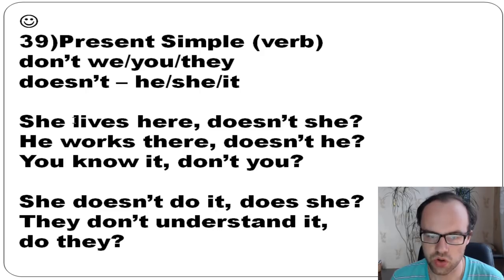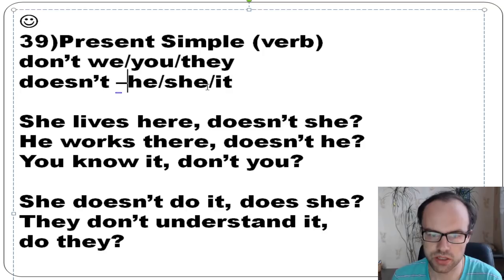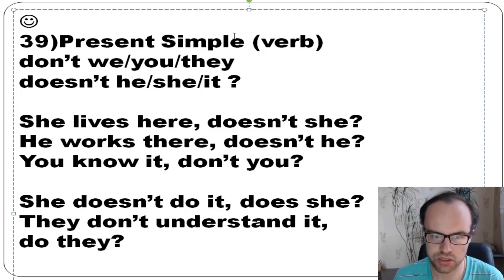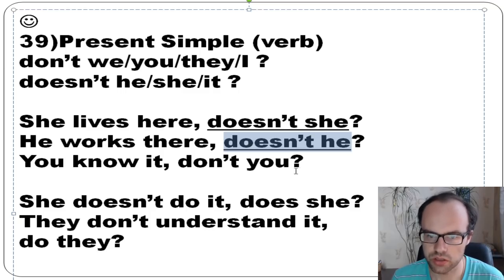We see it's present simple, and we have a verb. So doesn't she? Doesn't he, doesn't she, doesn't it, and don't we, don't you, don't they, don't I. So we use doesn't she with she. She lives here, doesn't she? Next, he works there, doesn't he? It means really. You know it, don't you?